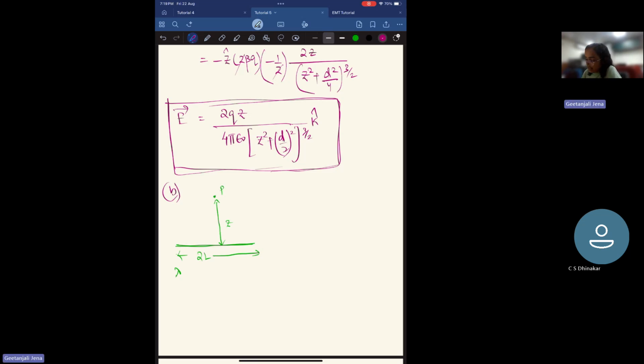Finding the potential is easy. You just need to take a small length element from the origin. Let us say this is dx. And because of the dx, you will see a potential.